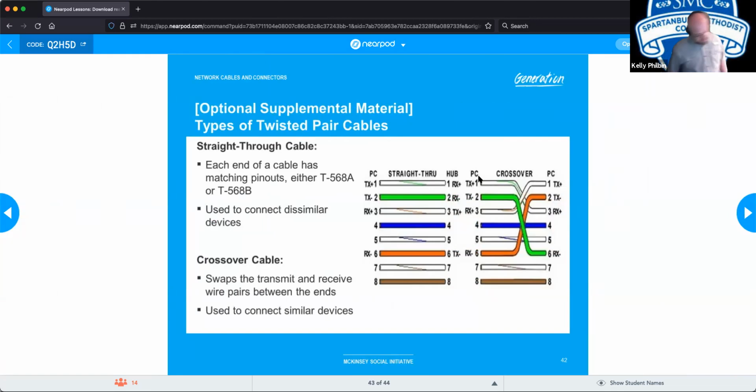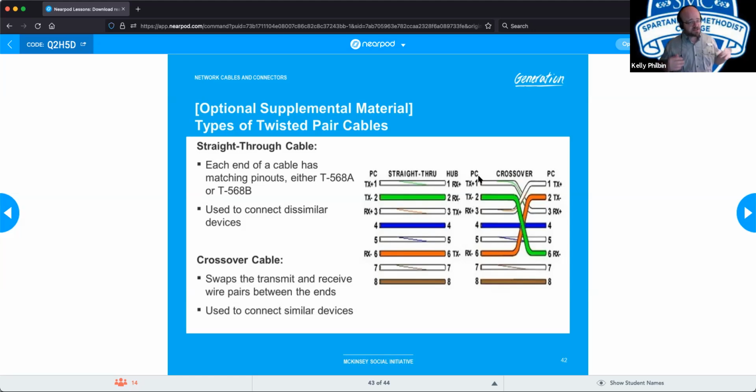Now, remember how we were talking about T568A and T568B? If you have A on either side, that's called a straight-through cable. That is your standard network cable. The problem is if you hook up a standard network cable from one computer to the next computer next to you, they can't talk to each other because both of the outbound ports are on the same lines.